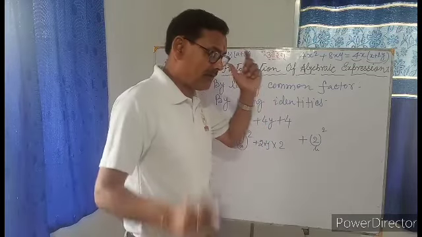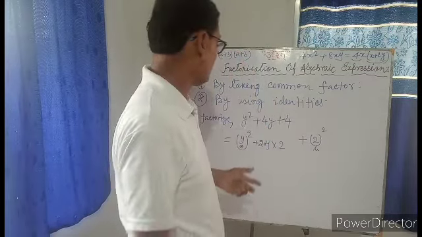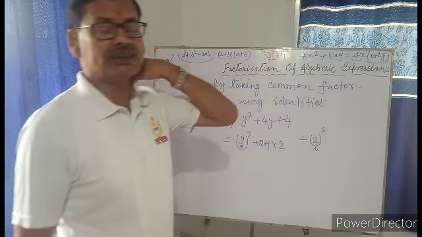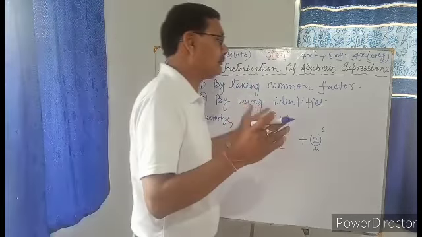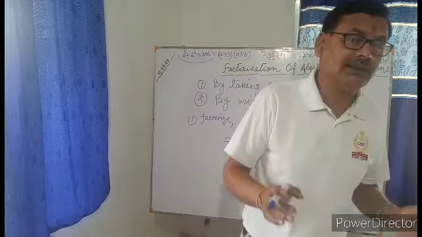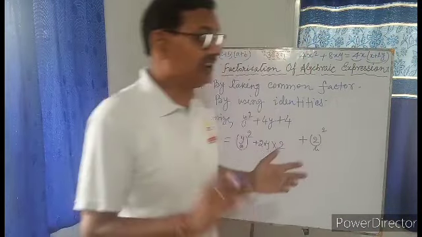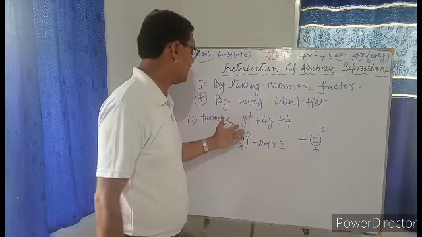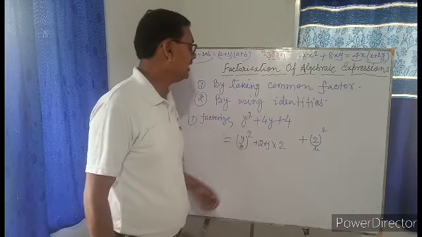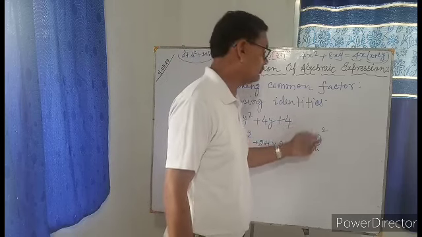Therefore, our mind must strike on the first identity, that is a plus b whole square. Now we have to recognize a and b. So how can it be recognized? See, this first term can be written y whole square and the last term can be written 2 whole square.